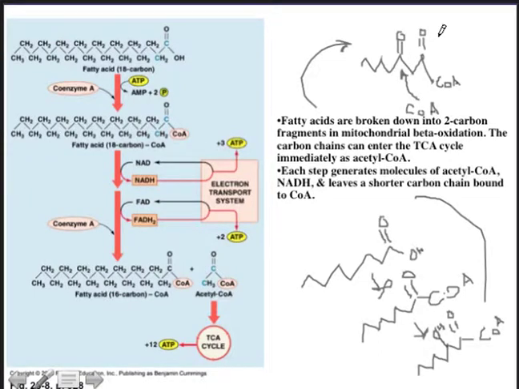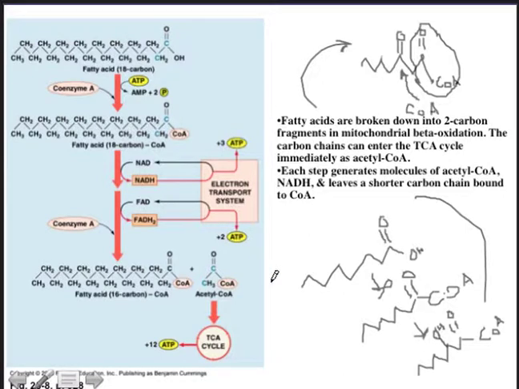And that splits off now this acetyl-CoA. Okay. And now we have a fatty acid chain that's 2 carbons shorter. And where does the acetyl-CoA go? It goes right into the citric acid cycle.